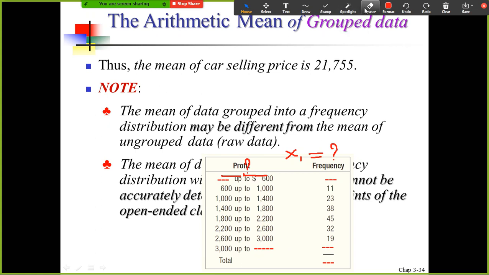If we don't know the last class, we cannot find the mean. That's why mean is not easy to find in a frequency distribution if one or two classes are open classes.